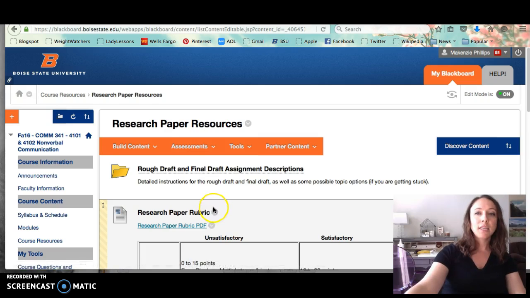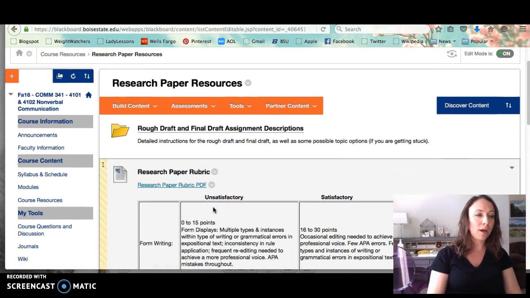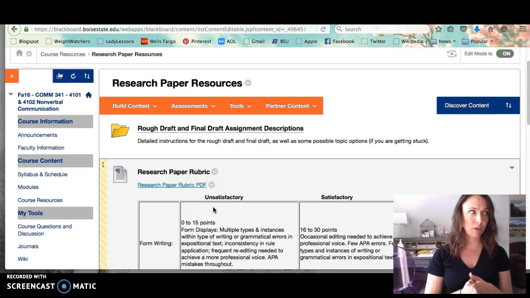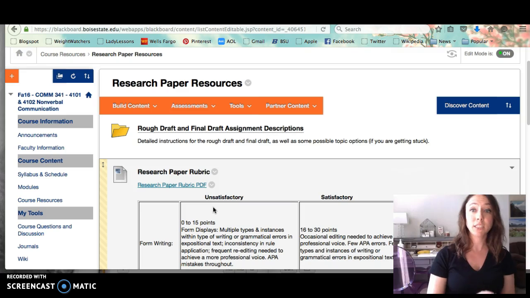So in this unit, in your discussion board, we talk about offensive language, and I ask you to identify out of a list of terms which ones you think are offensive and which ones you think aren't. A lot of times I get students that question this in terms of why are we talking about language in a nonverbal communication class? The reason is that language is a trigger for us. Specifically, certain words can trigger physiological responses within us.